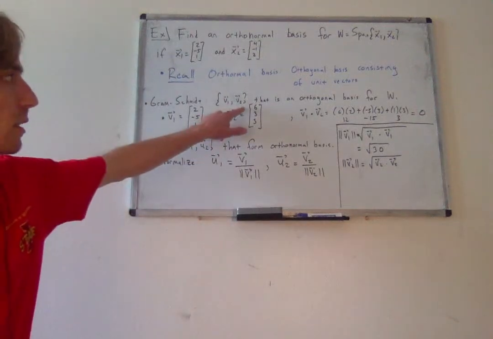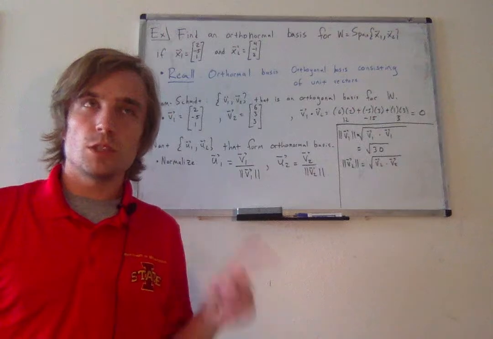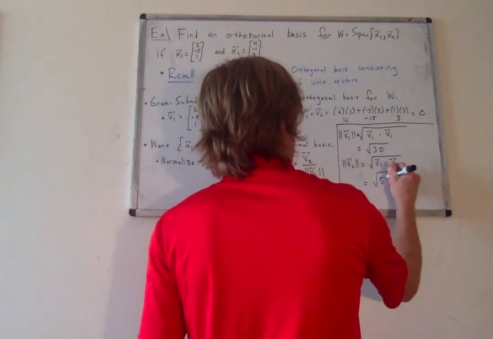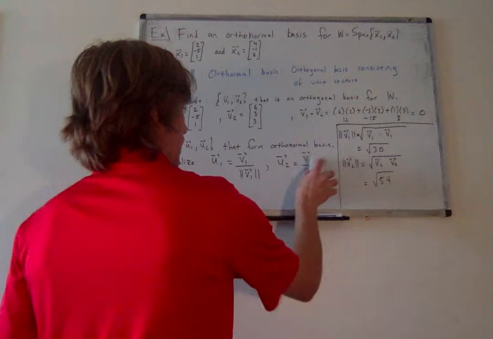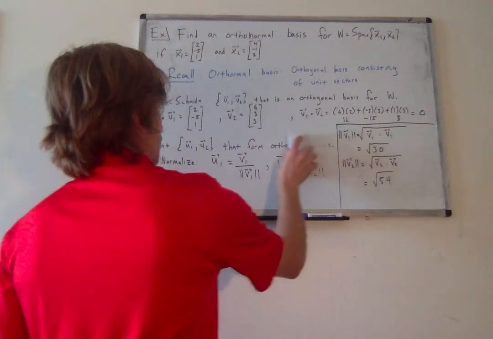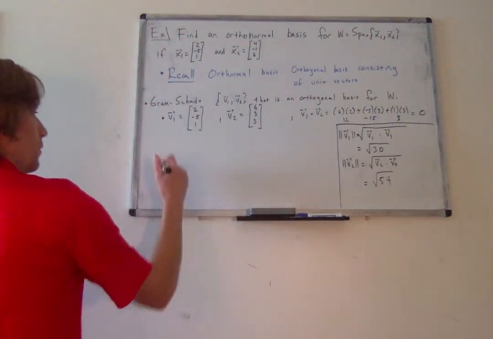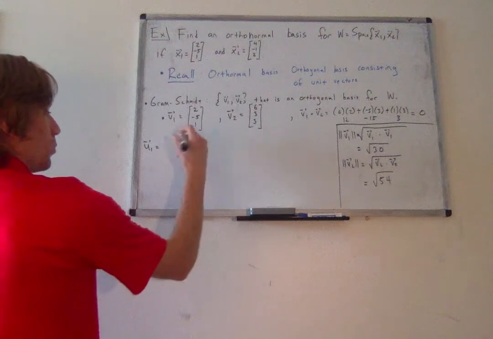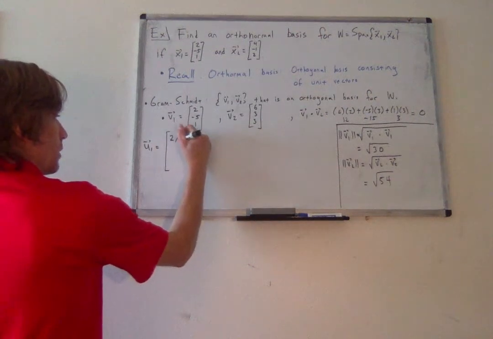So this is 6 squared plus 3 squared plus 3 squared, which is 36, plus 9 is 45, plus 9 is 54. And like I promised, we're going to get quite a few square roots involved in this. So remembering that u1 is v1 divided by the norm of v1, and u2 is v2 divided by the norm of v2, we're just going to divide v1, or specifically each entry in v1, by the square root of 30.